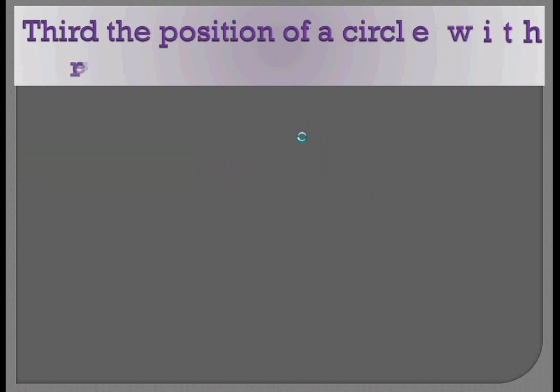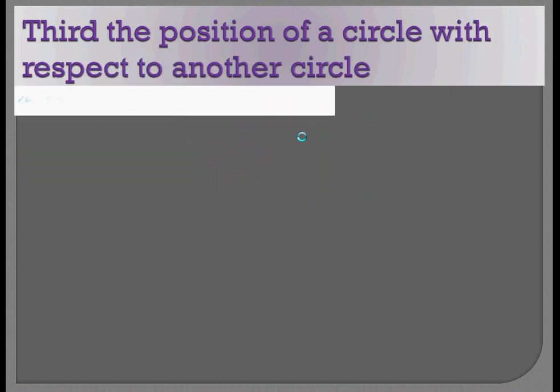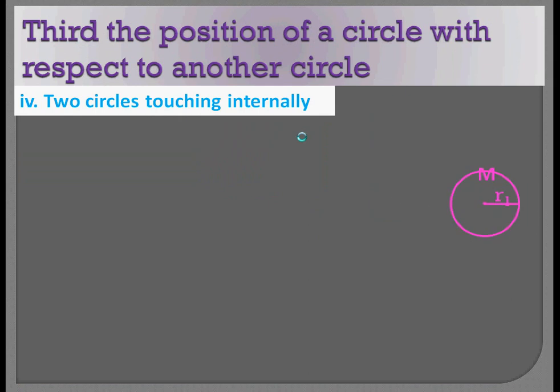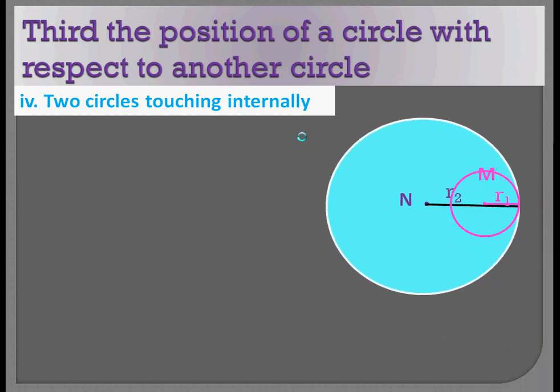After that, let's have the fourth position: the two circles which are touching internally. We have discussed the touching circles externally. Now we will discuss the touching circles internally. So circle N is the greater circle and circle M is the smaller circle.